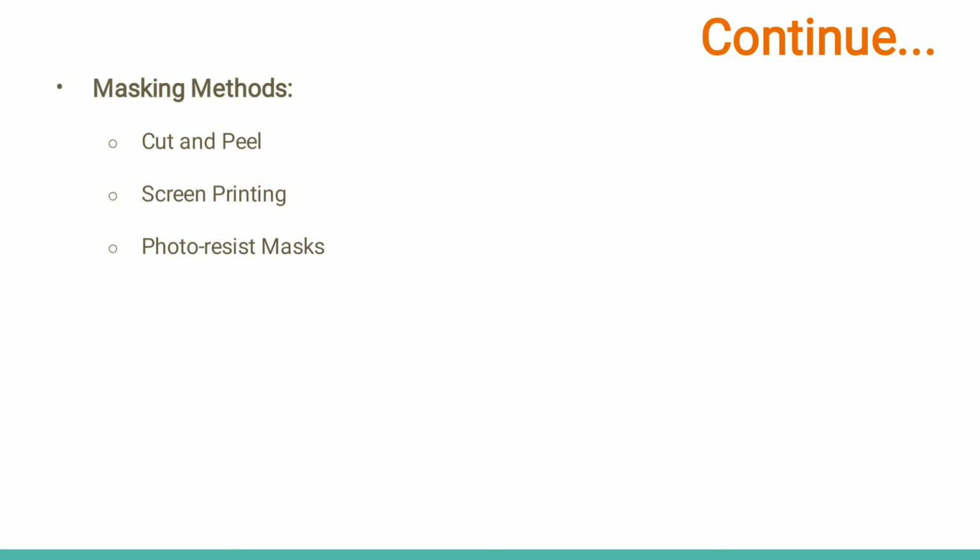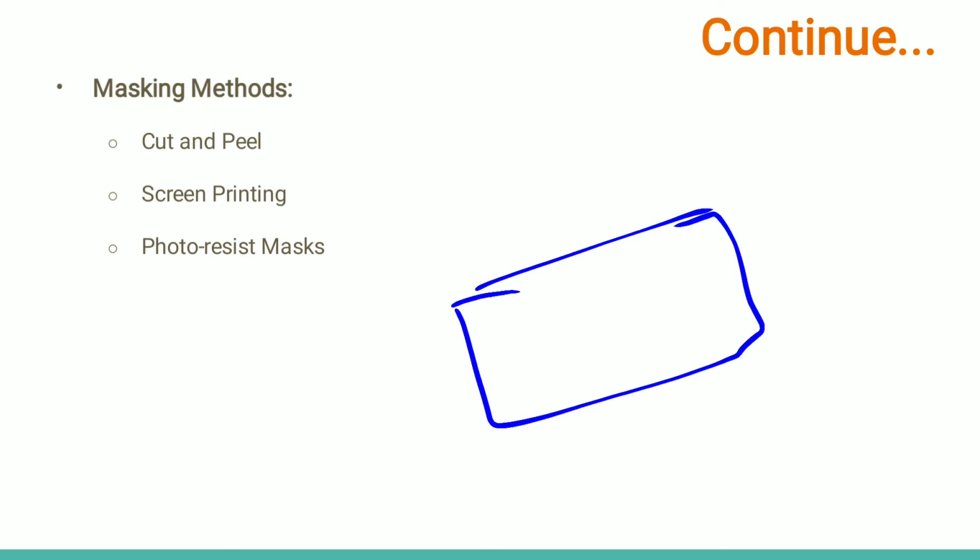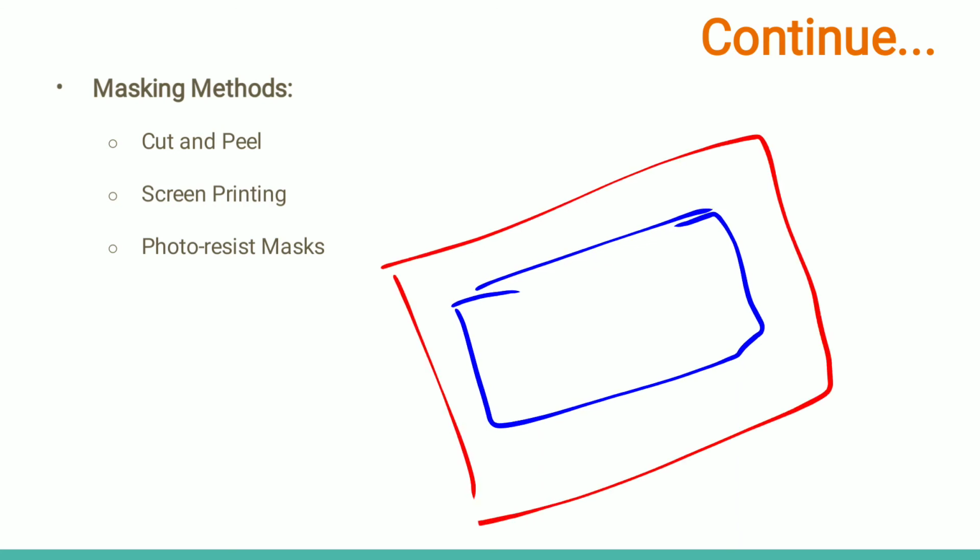In this method, the same as what we were doing in the contact wheel, this is a workpiece, and over that we apply this photoresist material. After applying this photoresist material, we use the negative master patterns.